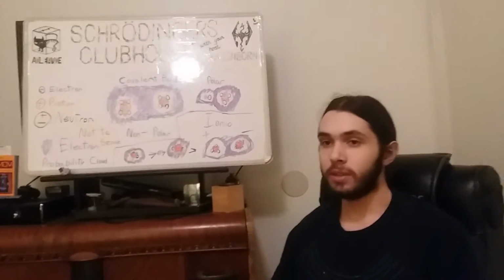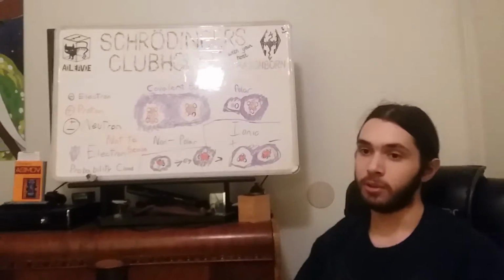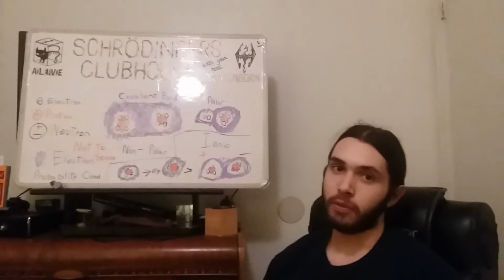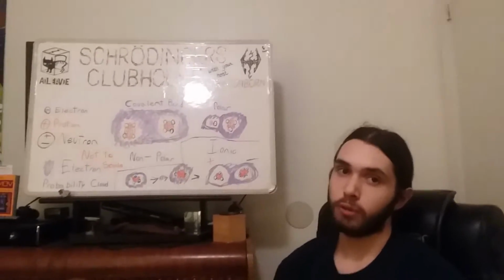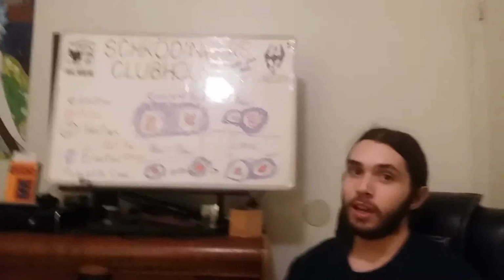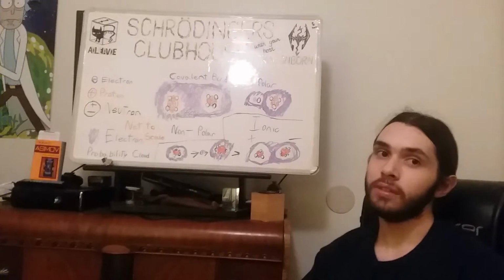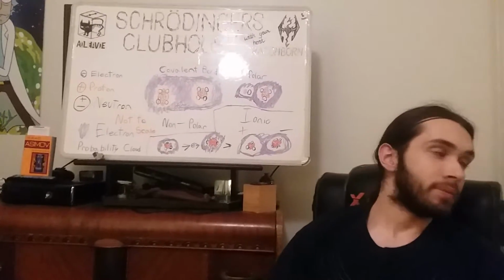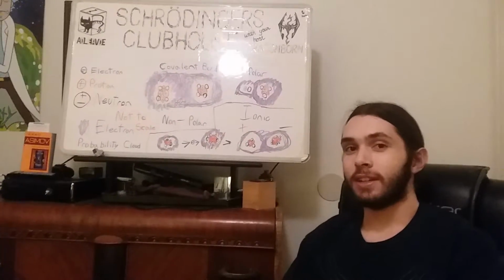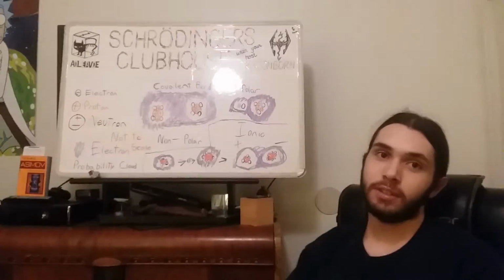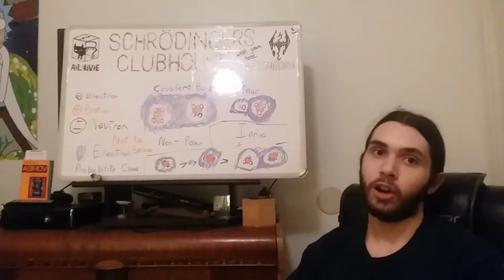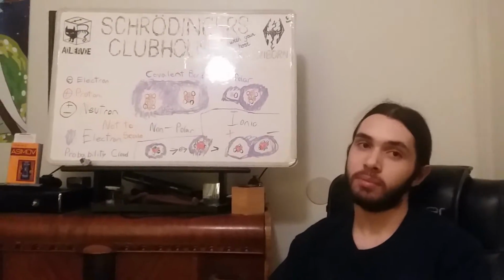So table salt is a chemical. Everything around you that isn't made up of a pure element like gold bars or silver is a chemical. So the correct thing to say would be harmful chemicals.